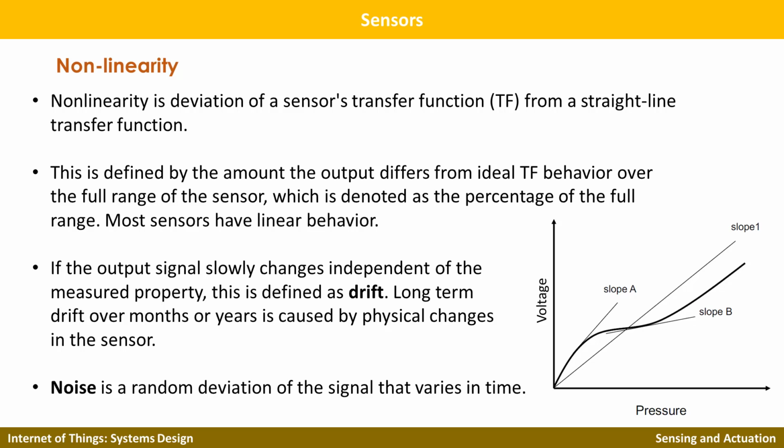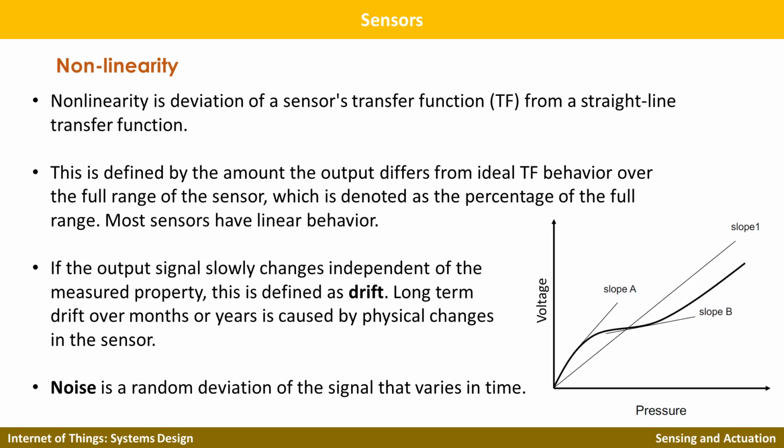On the other hand, noise is a random deviation of a signal that varies in time. It is very difficult to handle noise. If the sensor started giving noise, which is random deviation, pretty much you can't do anything other than try to replace it.